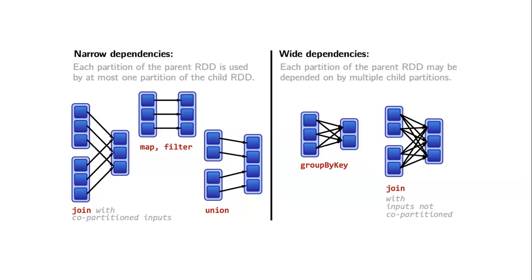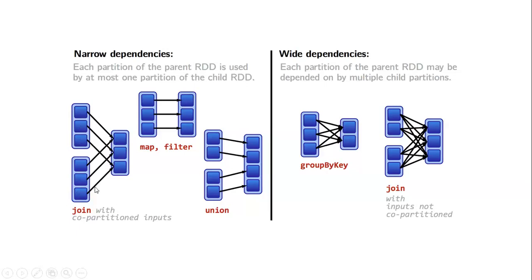Now each blue box is an RDD, and inside that, those blue squares are the different partitions. If you are following this figure, each blue square is a partition, and this RDD has 3 partitions. This RDD also has 3 partitions.